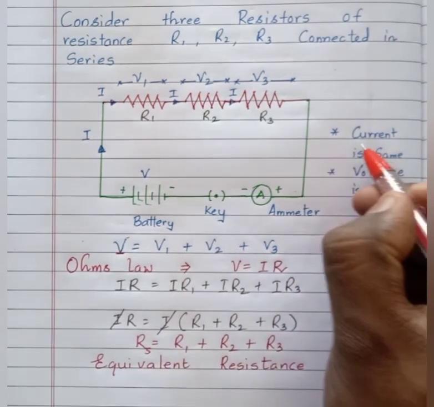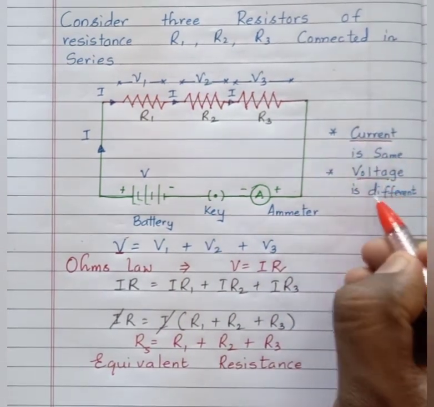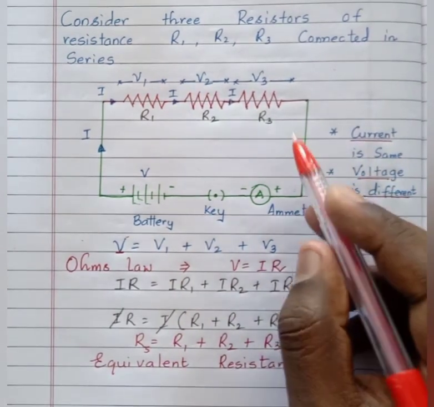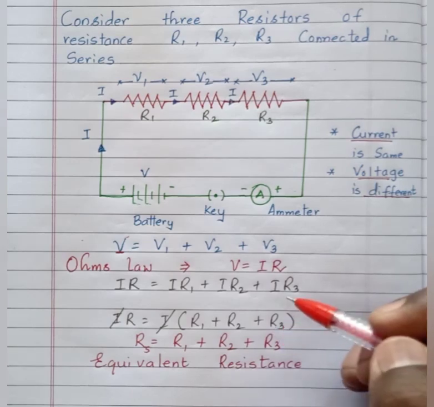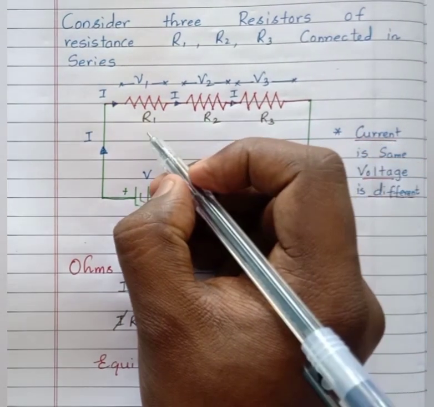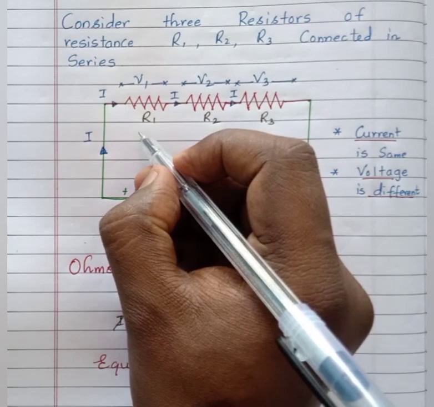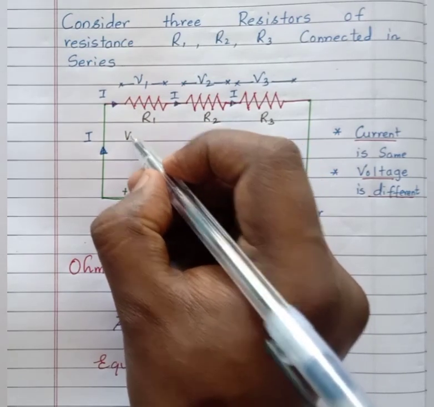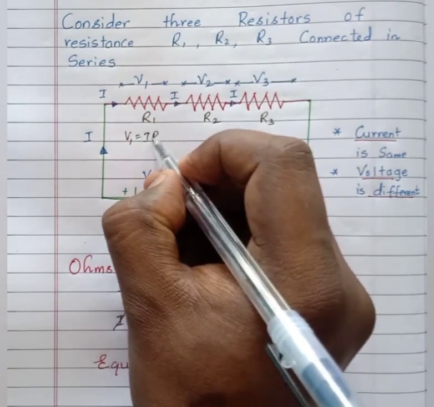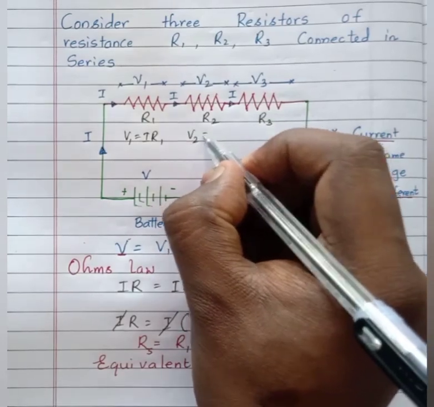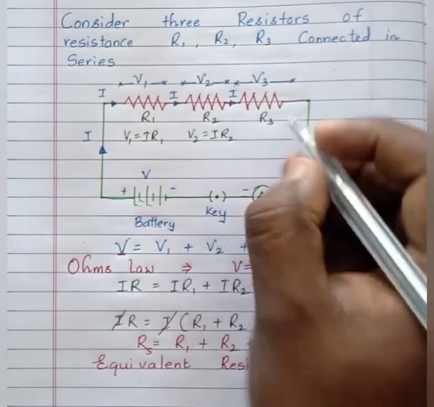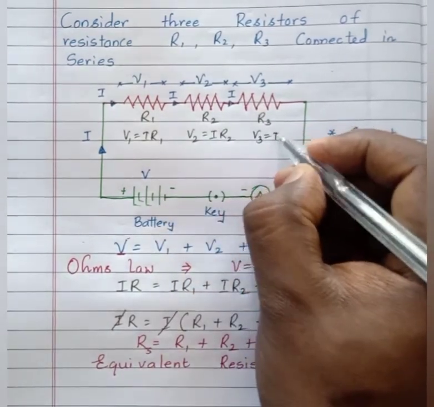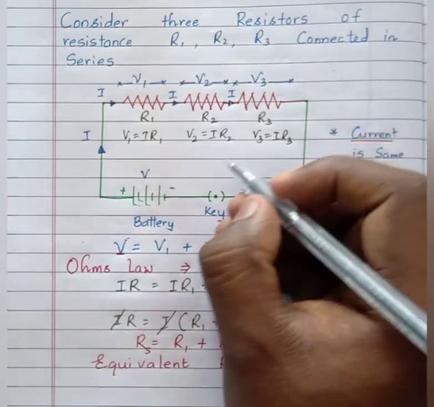When 3 resistors are connected in series, then their equivalent resistance is the sum of resistances. Applying Ohm's law across each resistor, that is V1 equals IR1, V2 equals IR2 and V3 equals IR3.